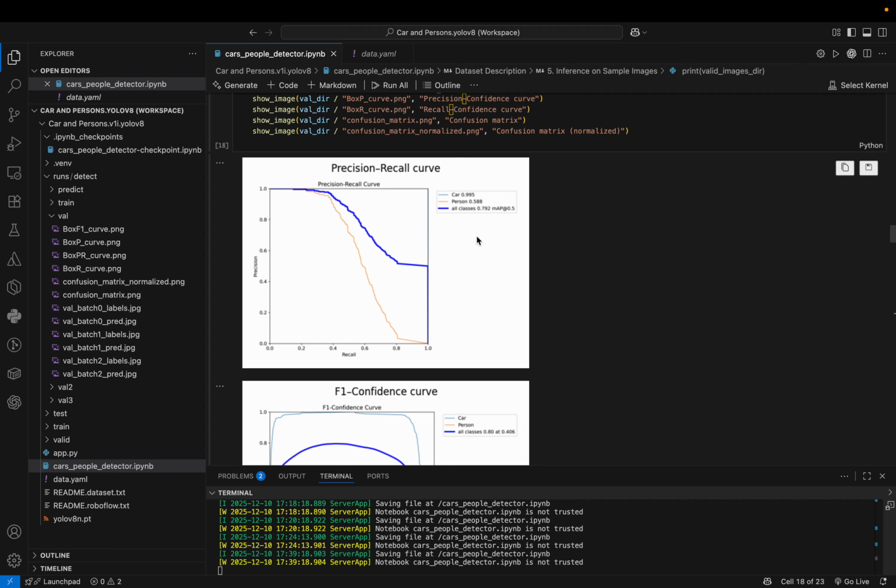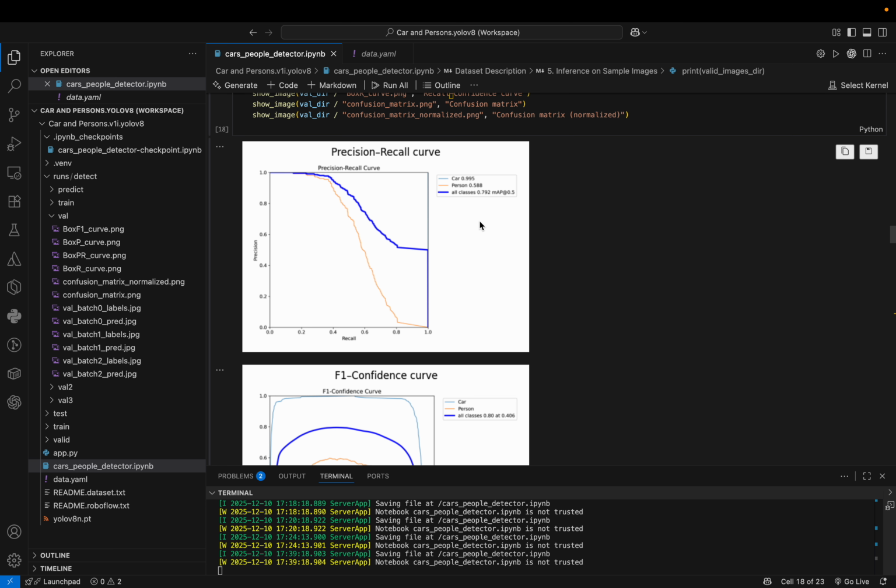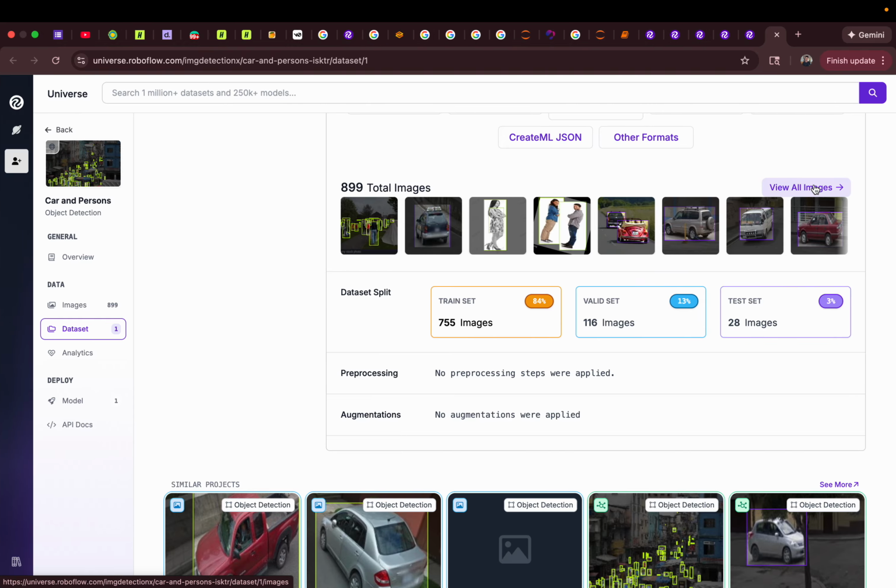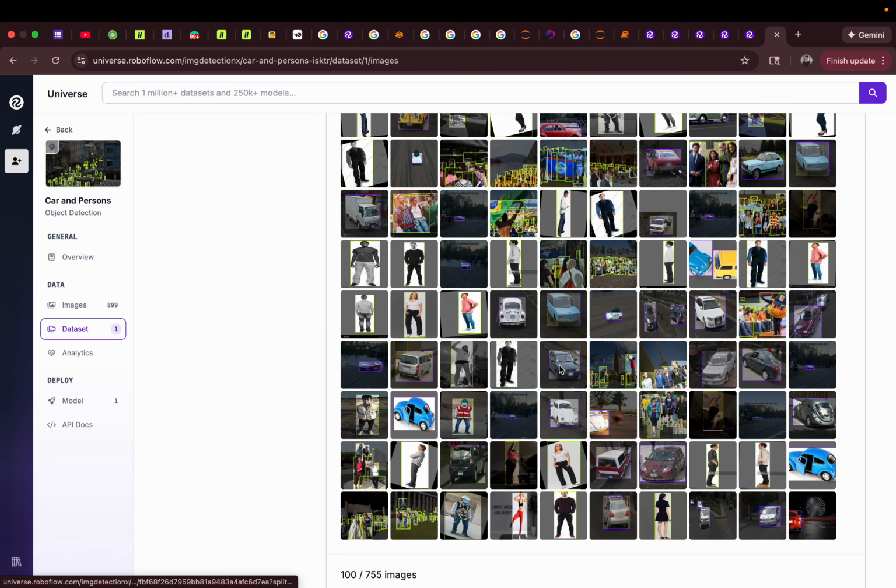And the person class performed moderately with 58% precision recall, and I think this is because of the crowding and occlusion in the dataset images. As we can see, when we view the images, most of the images of people are crowded.